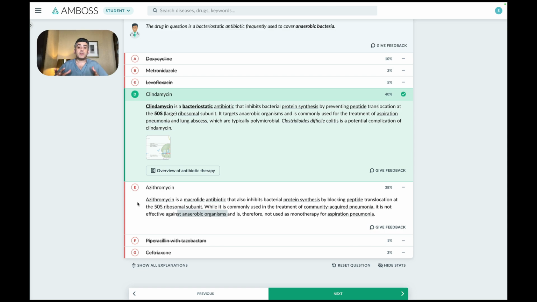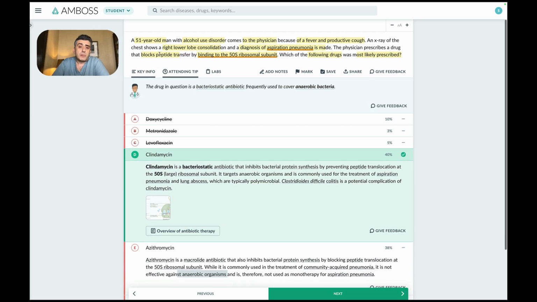There's so much information you have to know. It's not easy. You can't memorize everything. It's impossible. I'm telling you it's impossible. But what you can do is learn as much as possible, understand certain concepts and different pathways and whatnot. Memorize what you can if you need to memorize. But something like this, you see ACE, azithromycin, clarithromycin, erythromycin, ACE, macrolides, part of the CCEL mnemonic, which blocks the peptide 50S ribosomal subunit.